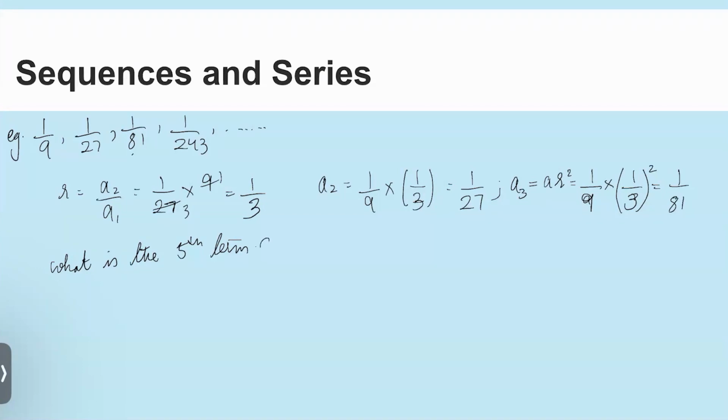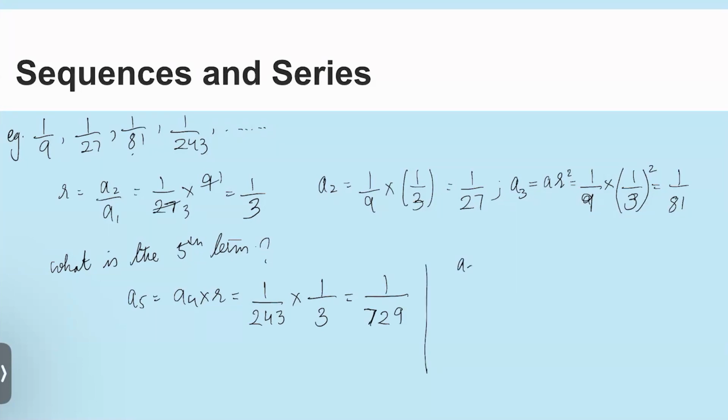Okay, so if you want to find the fifth term, obviously you can just multiply by R. So you will have A5 as A4 into R. A4 is 1 upon 243 multiplied by 1 by 3. So this is 1 upon 729.